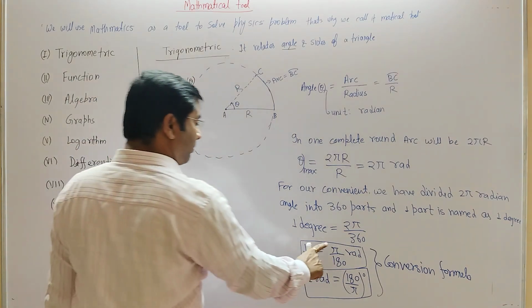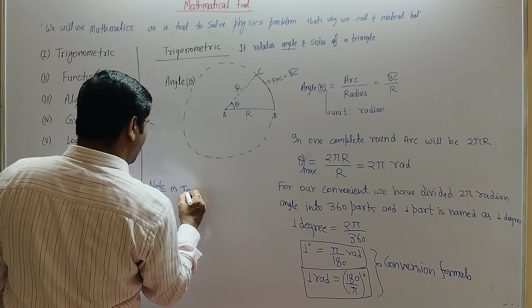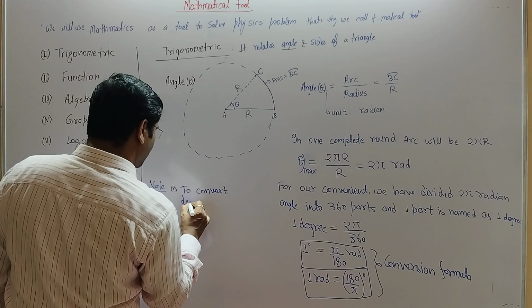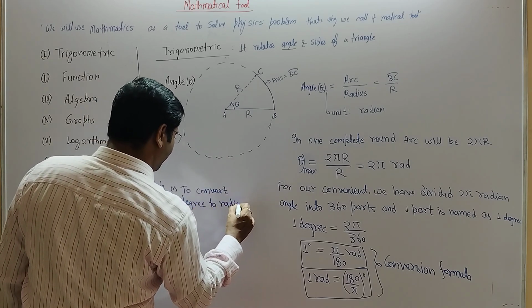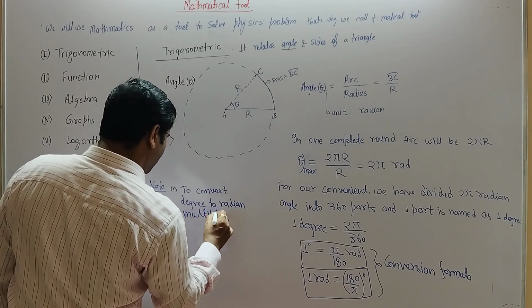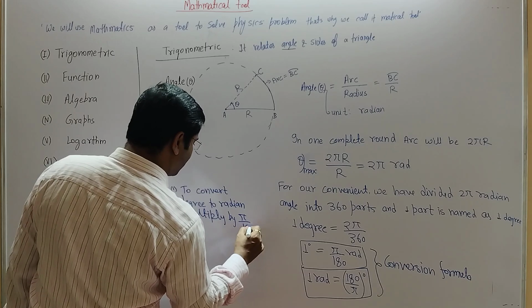That means you have to multiply by pi upon 180. So note, to convert degree to radian, multiply by pi upon 180. That's all.